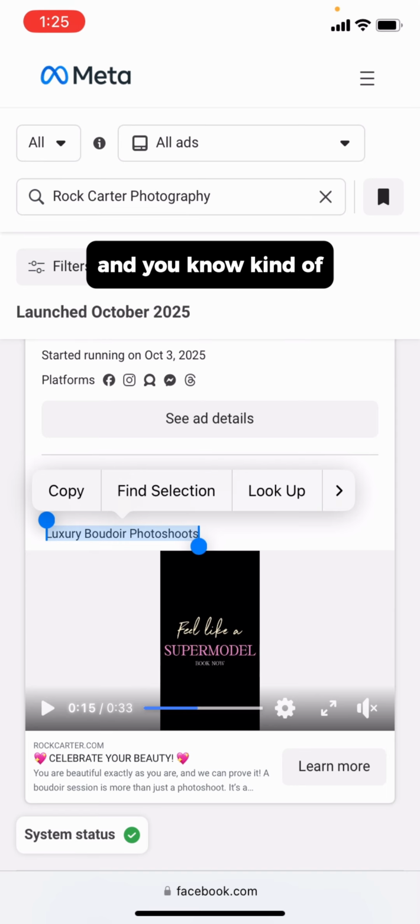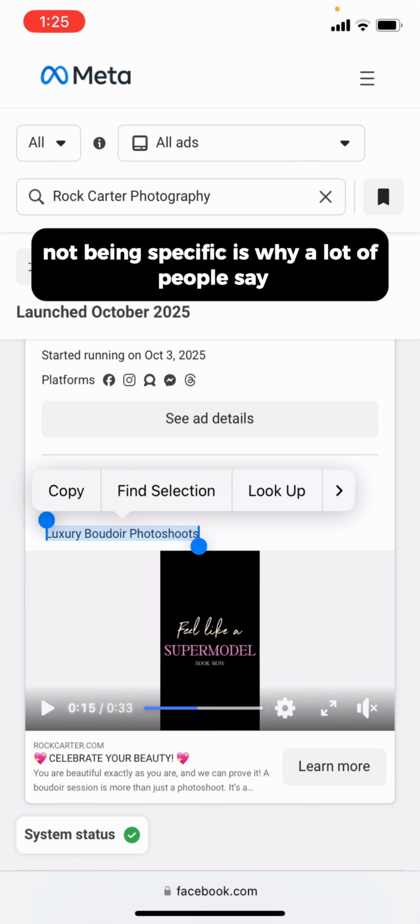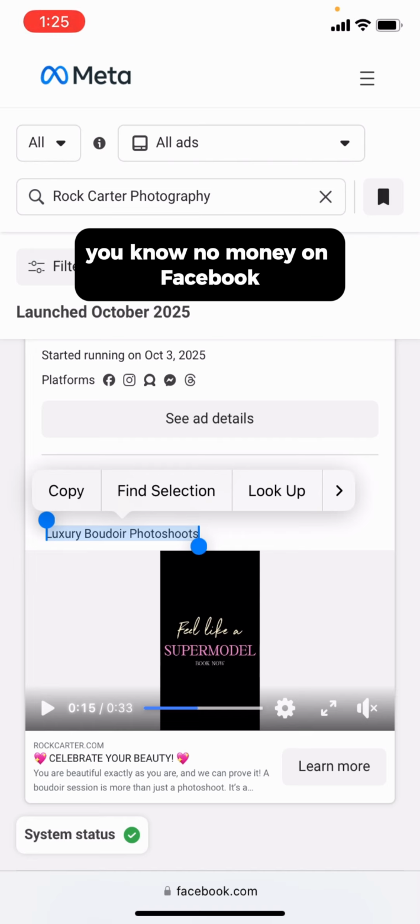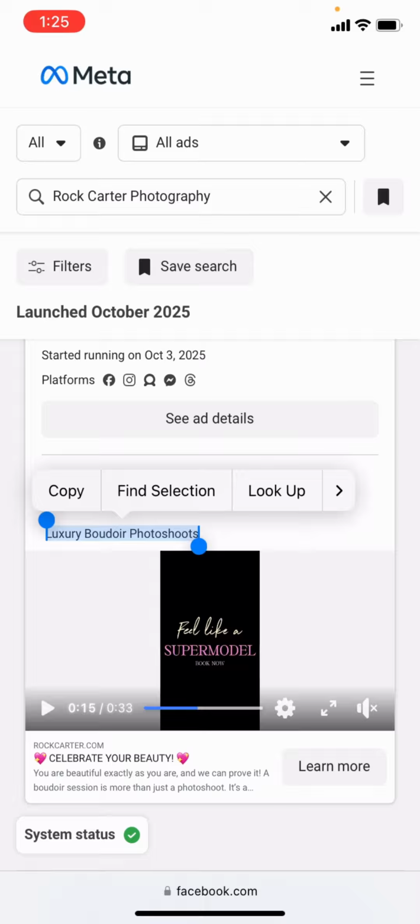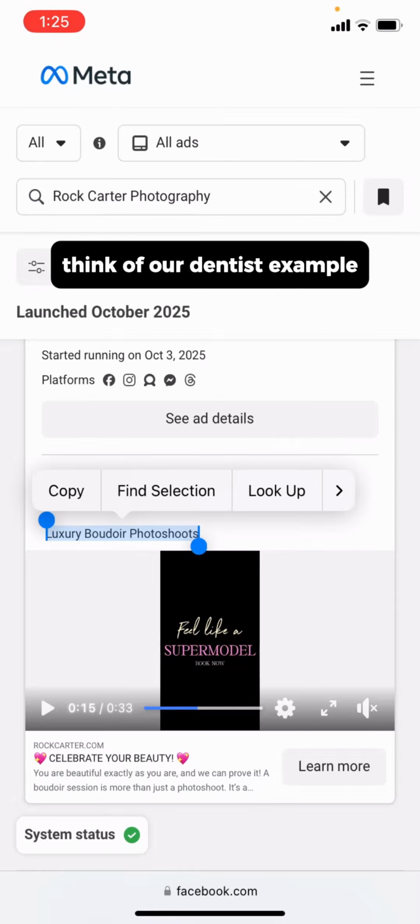And this low relevance, not being specific, is why a lot of people say no money on Facebook, no money with Facebook users. But think about it. Think of our dentist example.